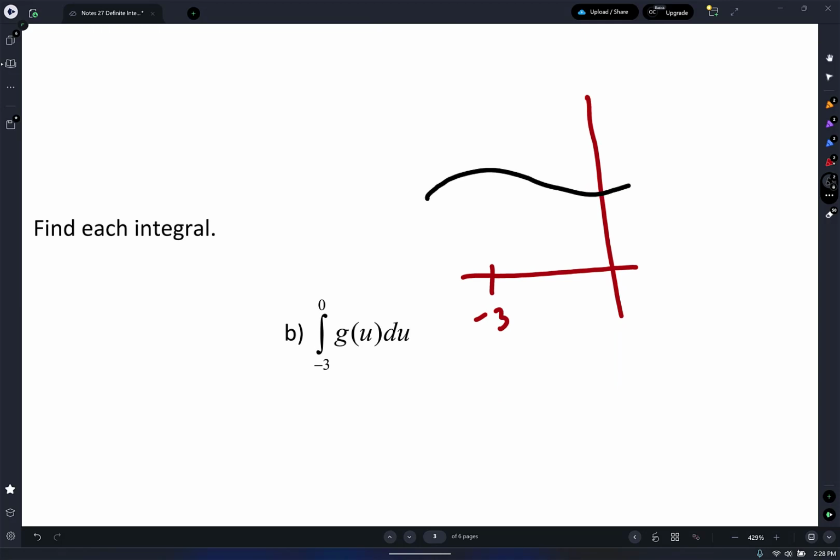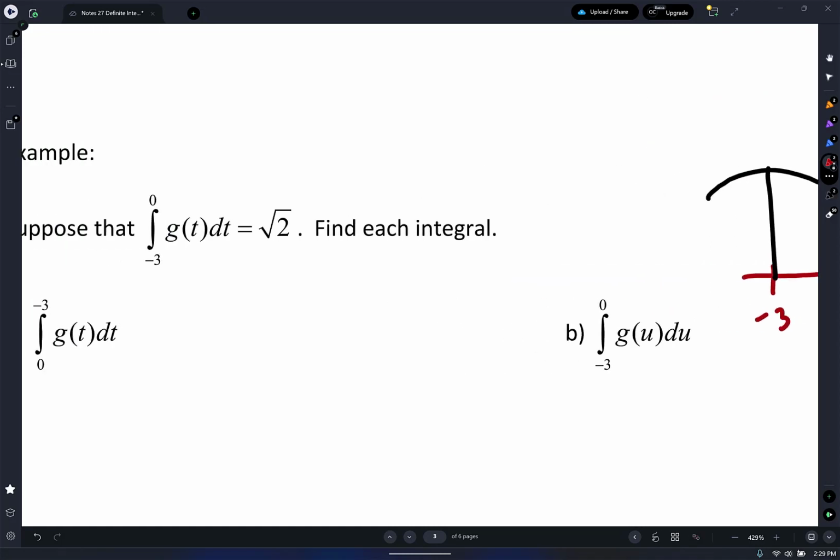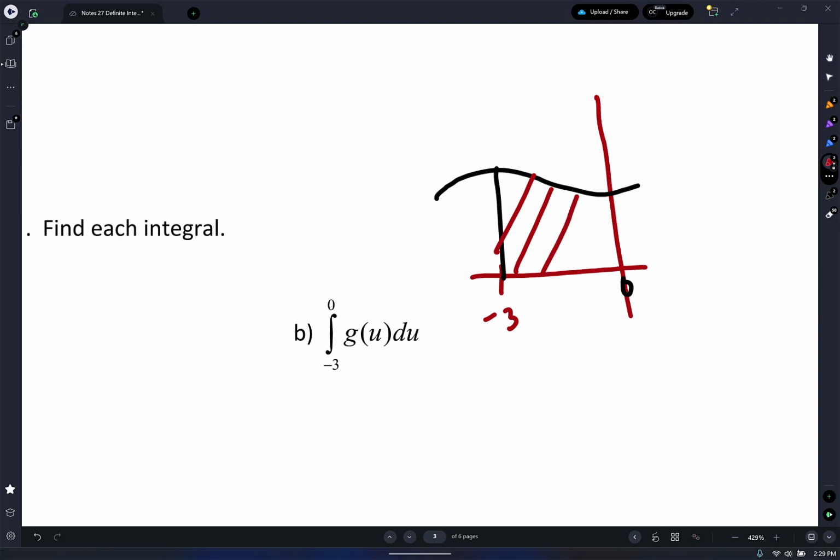Okay, here we go, guys. Focus. I have some curve. I have no idea how this curve looks. All we know right now is that the area under this curve is square root of 2. I start at -3, I stop at 0, and the area under that curve is square root of 2.